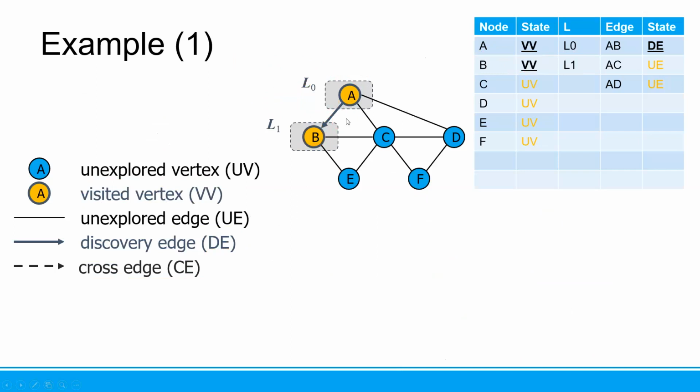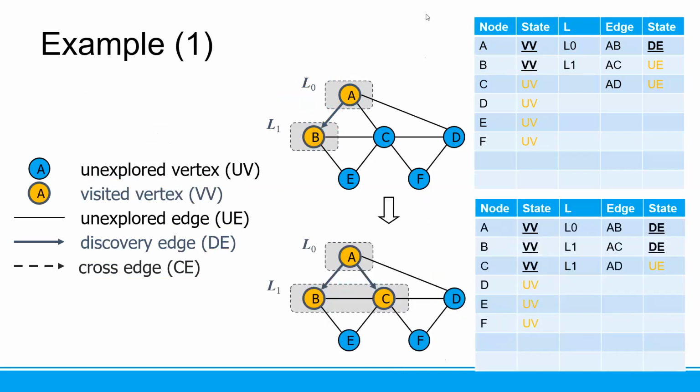Based on the algorithm, we want to find the incident edge of A, and then we find another incident edge of A. So we go to C, which is the opposite of A. C is at first an unexplored vertex, so we visit C and put AC as a discovery edge.